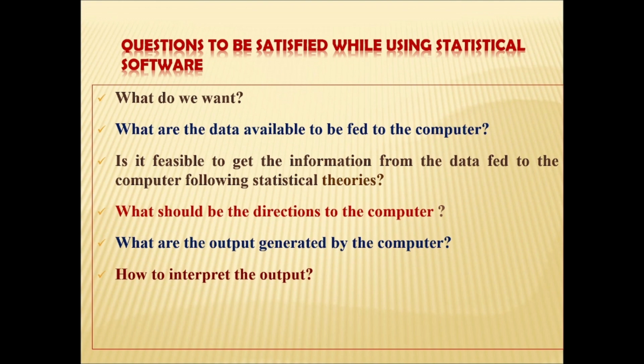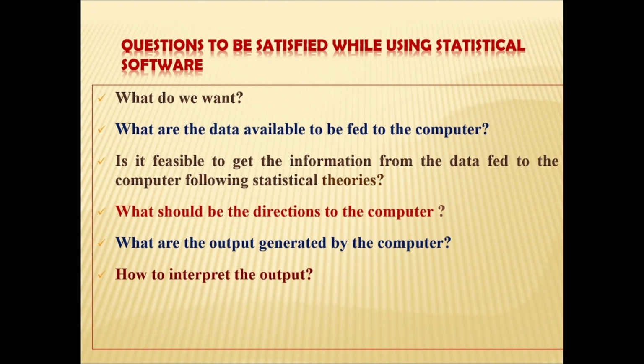Before using any statistical software, we should have this ready. What is our objective, whether the data is available and compatible with that specific program or not. Second, is it feasible to get the information from the data fed to the computer, following the statistical theory?